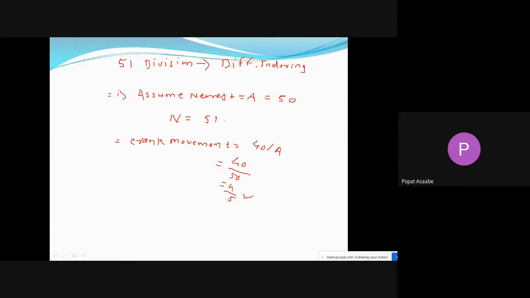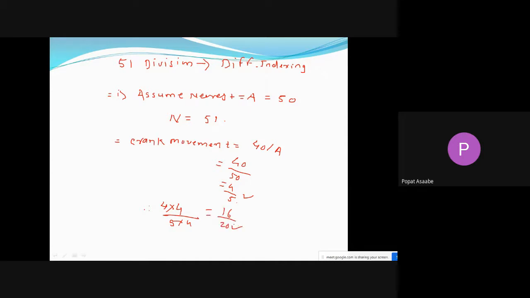But the denominator 5 is not available in plate number 1, plate number 2, or plate number 3. So I multiply 4 and 5 in such a manner that the number will be available in one of the plates. I multiply by 4 divided by 4, so it becomes 16 divided by 20.